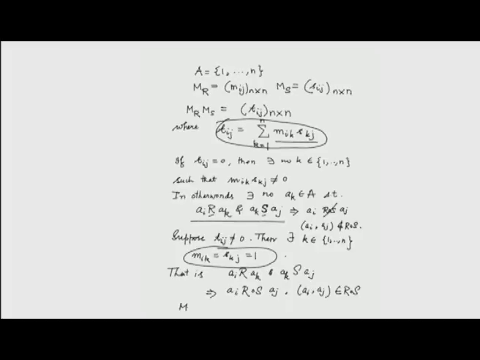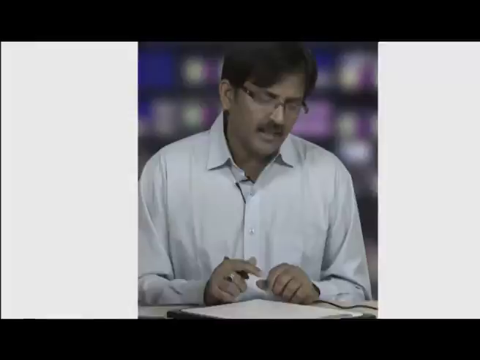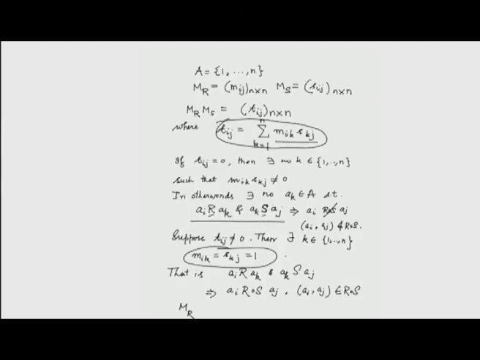What we do is that we slightly modify the definition of product and we write M_R, then a small dot and then M_S.